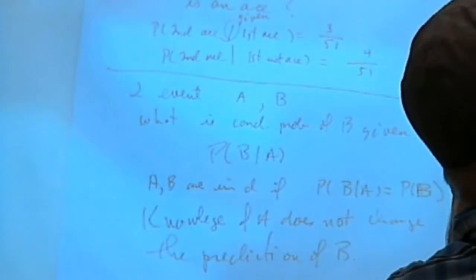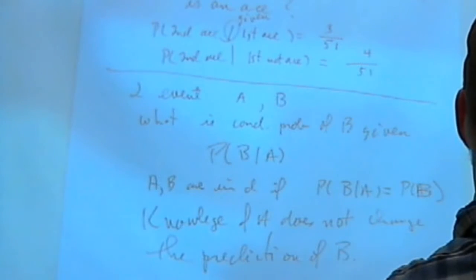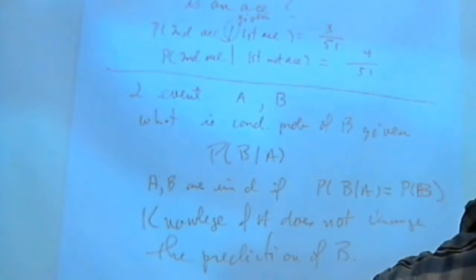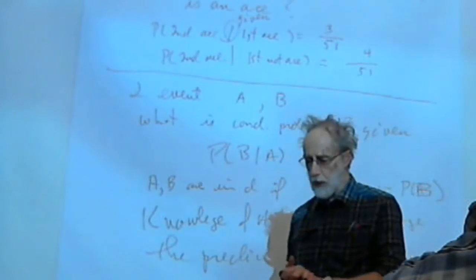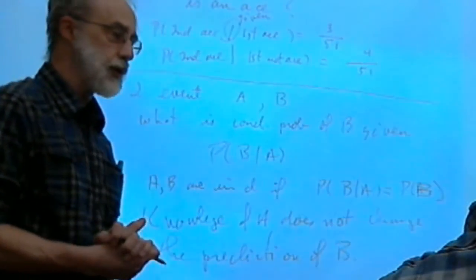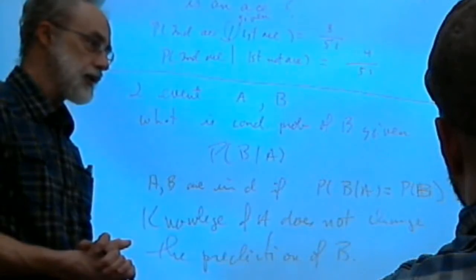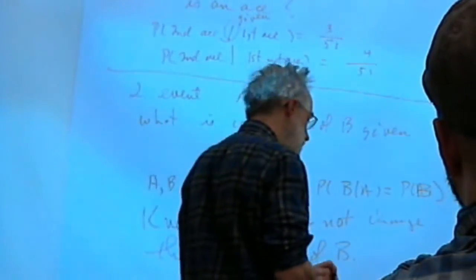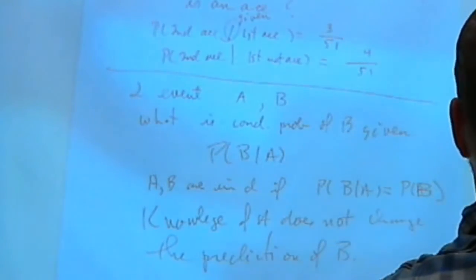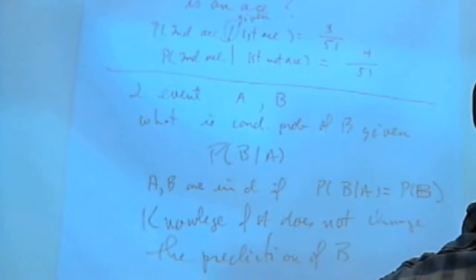With the relative frequency idea of probability, it's easy to come up with the rule. The relative frequency idea of probability is you have events and you want to know the probability. Well, you just do the trial over and over again, and you count the number of times that it occurs, and then divide that by your capital N. If capital N is large, then that should be close to the probability.